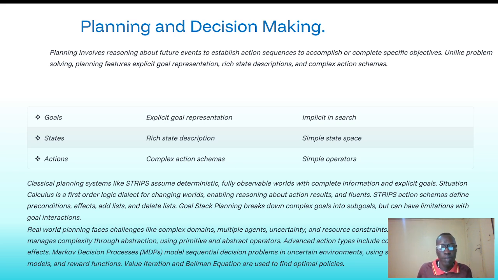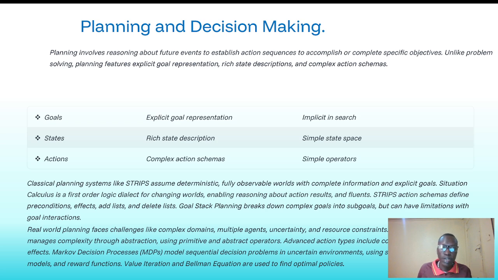Planning and decision making. Therefore, planning involves reasoning about future events to establish action sequences to accomplish specific objectives. Unlike problem solving, planning features explicit goal representation, rich state description, and complex action schemas. So we have goals, we see explicit goal representation, we have states, we have actions.